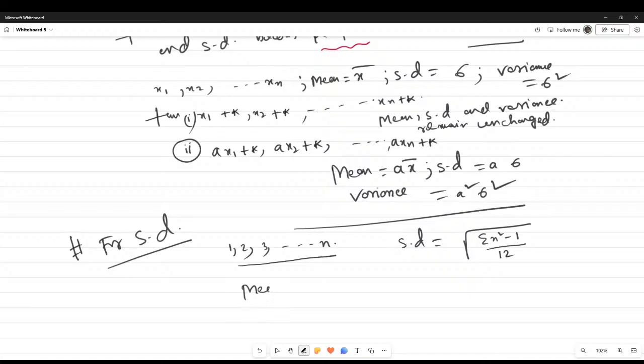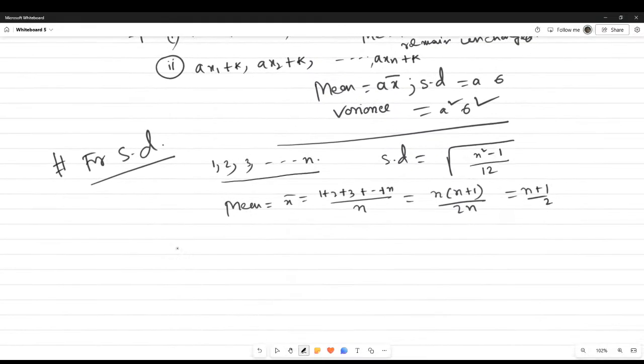You know x bar equals 1, 2, 3 up to n by n, which is n into n plus 1 by 2n, so n plus 1 by 2. Now this will not be sigma n square, I'm sorry, only n square. Now x bar you got.